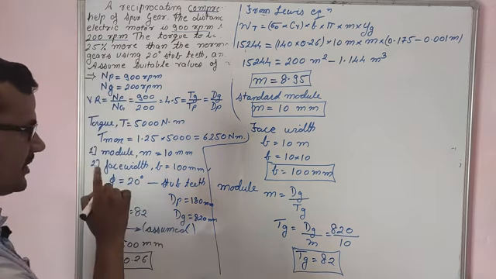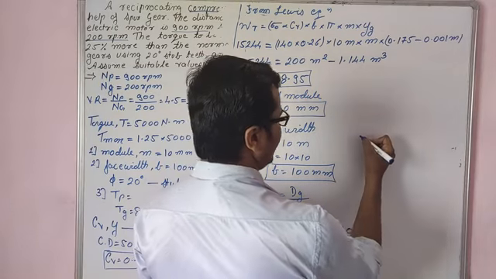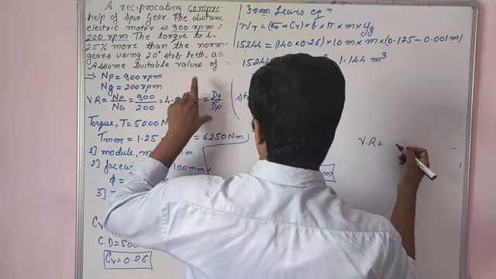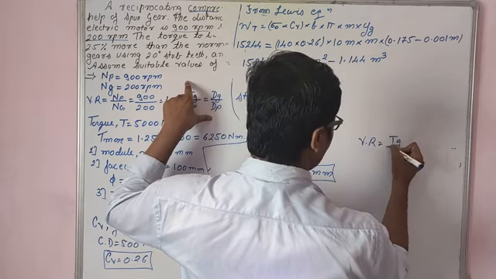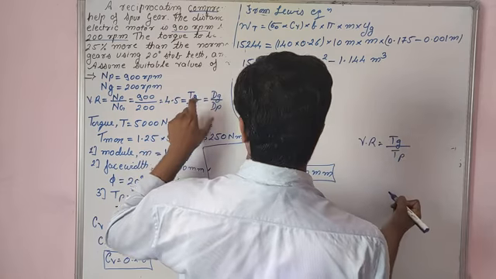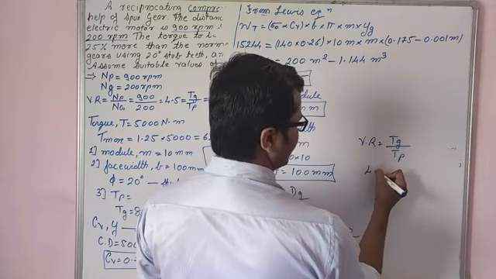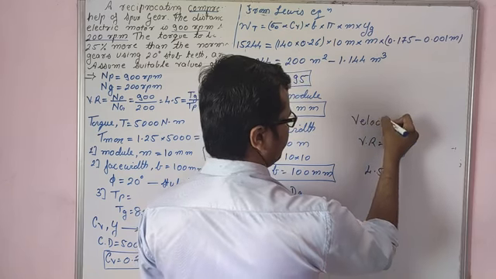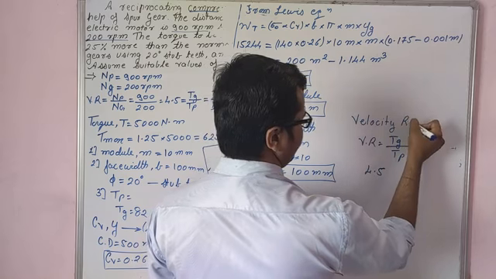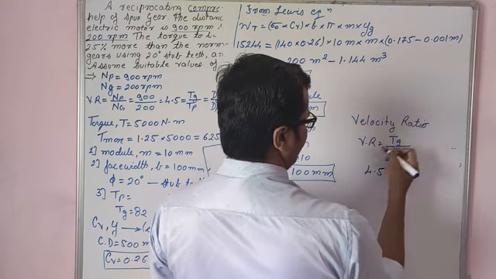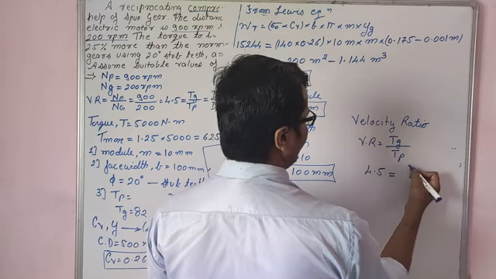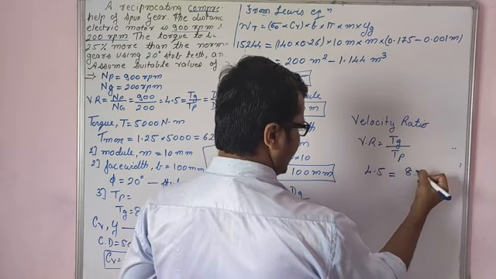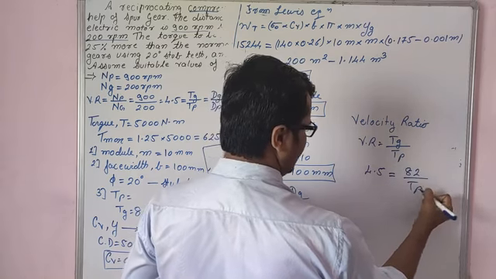Now we have to find the number of teeth on pinion. We also know that the velocity ratio is equal to the number of teeth on gear Tg upon the number of teeth on pinion Tp. The velocity ratio we have is 4.5. So 4.5 equals Tg, whose value is 82, upon Tp, which is to be determined.